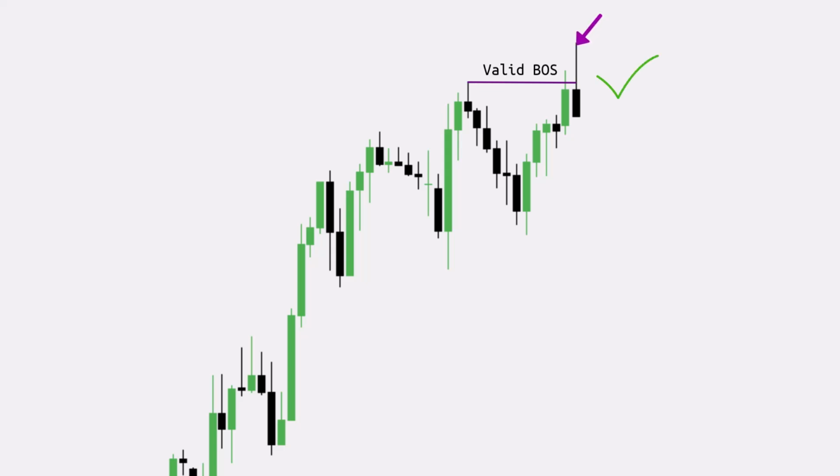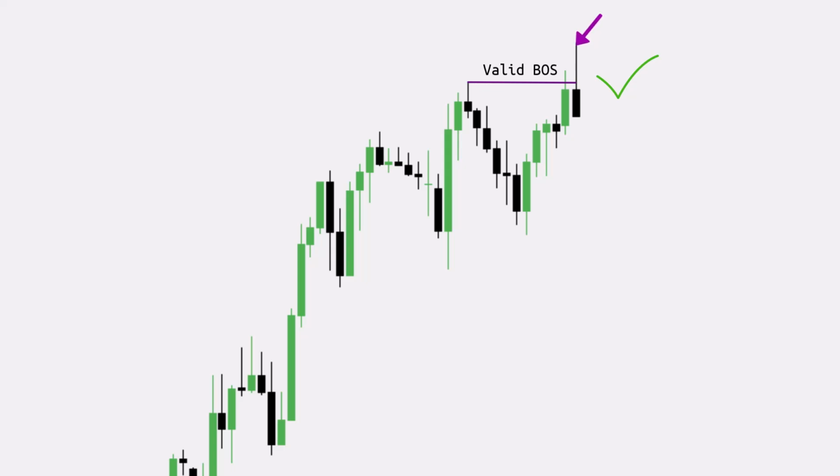This pattern is significant because it shows persistent buying pressure despite the initial failure to close above the previous high. The second attempt to push higher, as evidenced by the longer wick, confirms the bullish momentum. If this scenario appears in your chart, we have identified a valid break of structure.